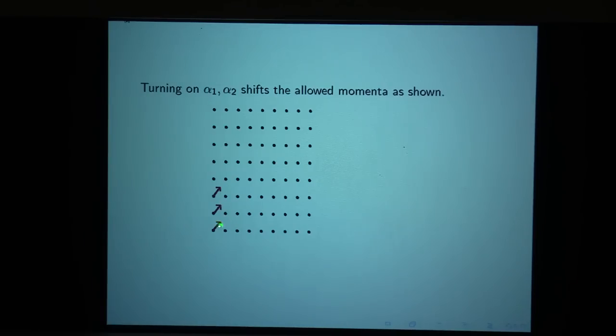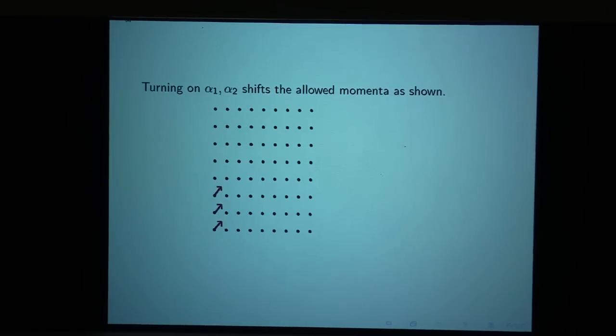And if we shift all the way up to the next lattice points, either here, here, or here, of course, we've gotten back to the original spectrum. So a shift of alpha 1 or alpha 2 by 2 pi is the shift that will bring this point to one of the next points. So the little rectangle is the macroscopic Brillouin zone analog, and the union of all the rectangles is the full Brillouin zone.